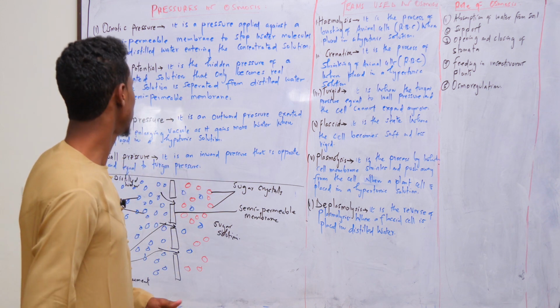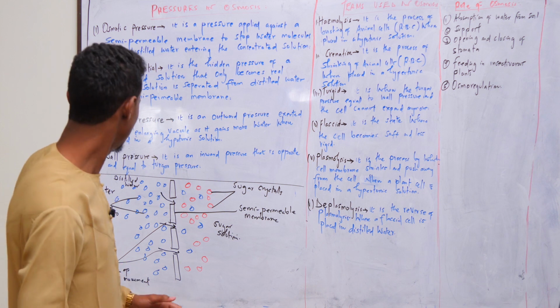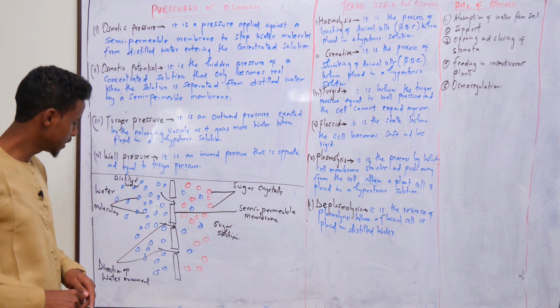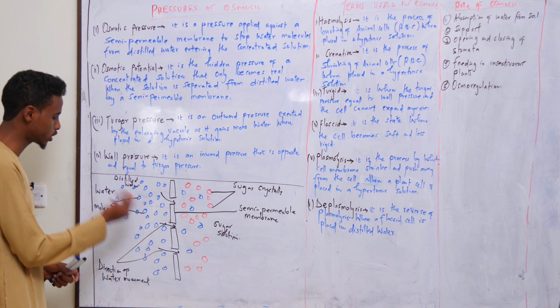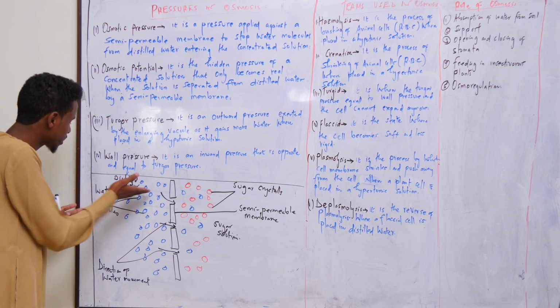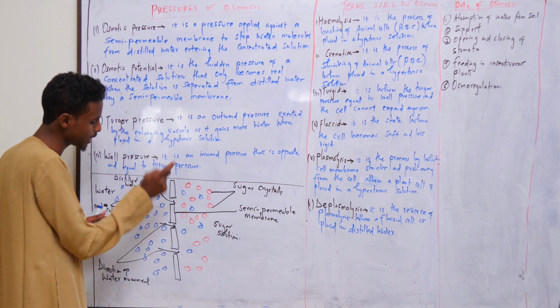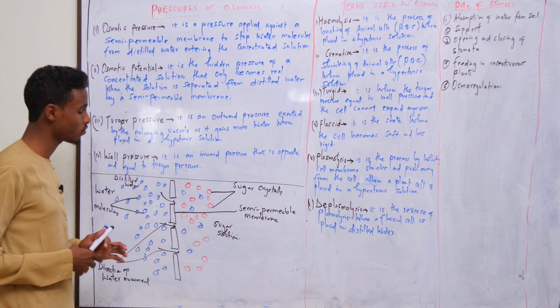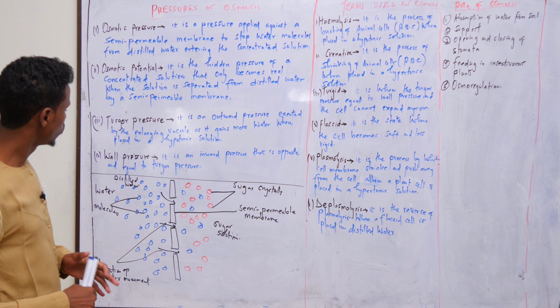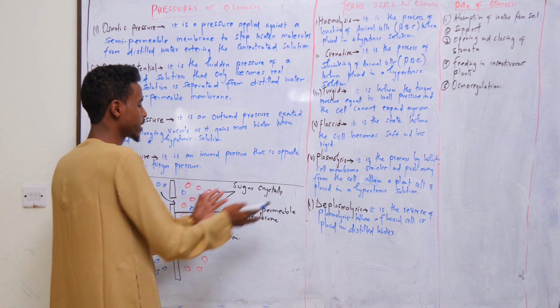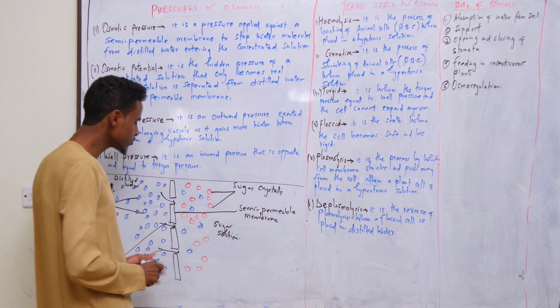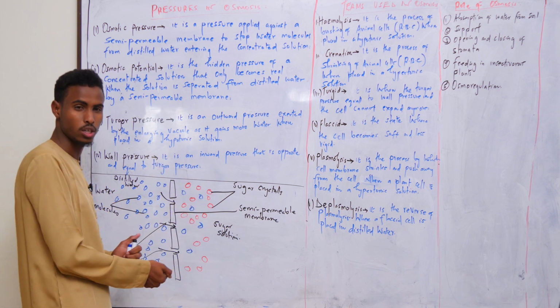And that is briefly about the pressures. Now let's look at this setup. Here we have distilled water made up of water molecules. You can see we have the semi-permeable membrane, and these are the pores of the semi-permeable membrane. We also have sugar crystals making up sugar solution. Now, this one is the concentrated solution, right?